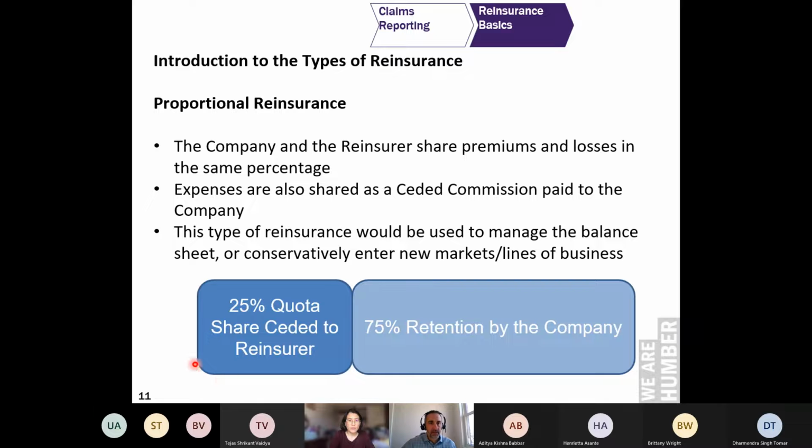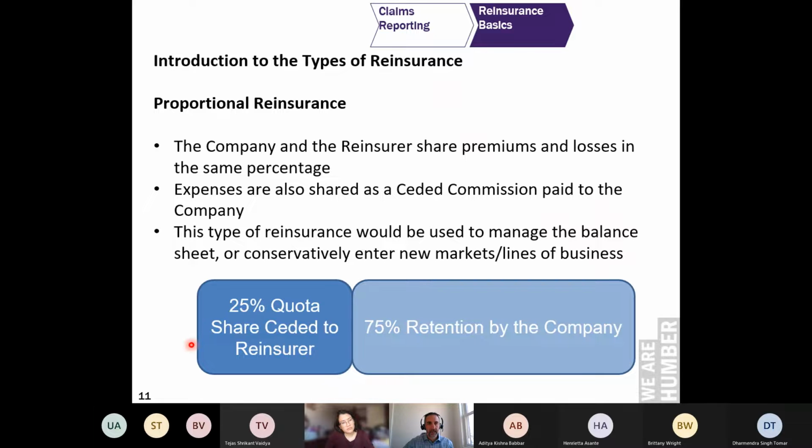So the reason we do it side by side for proportional, and this view is used consistently in the industry, is that if you picture this as a scale, and as the claim dollars move up the scale, if this was 0 claims and 1 million, 2 million, 3 million of claims going up. If you got to a certain level and then you look across, you would say, okay, how is the claim split?